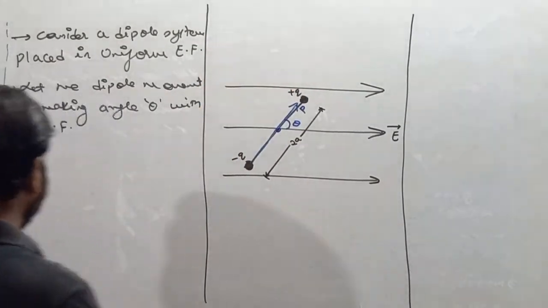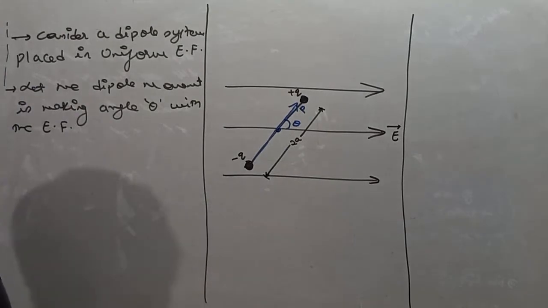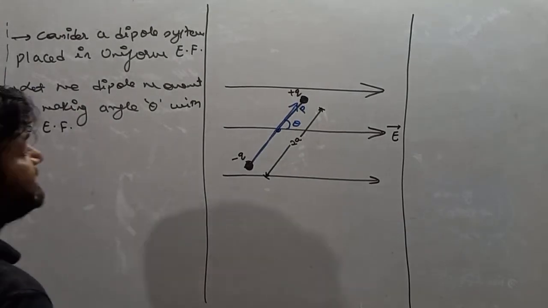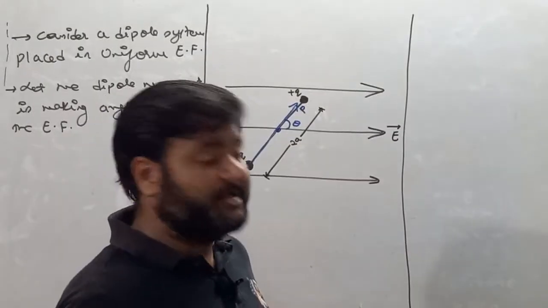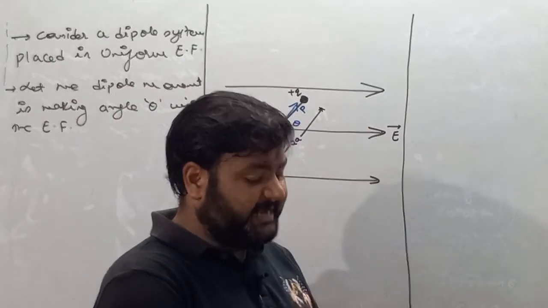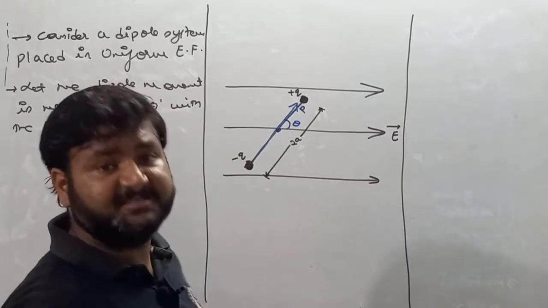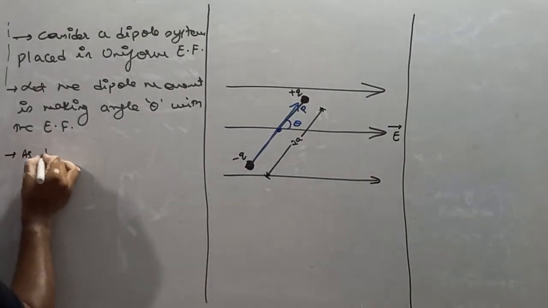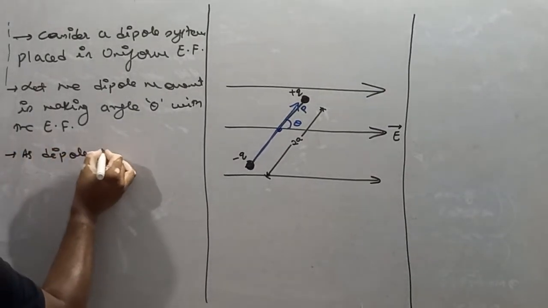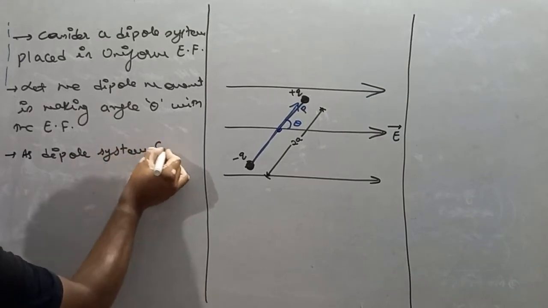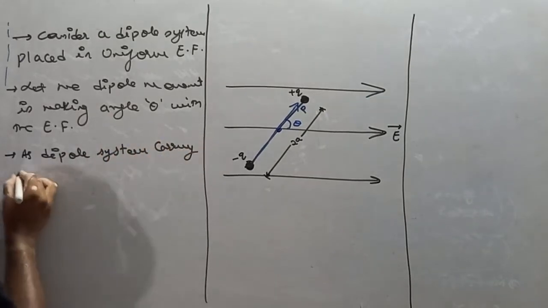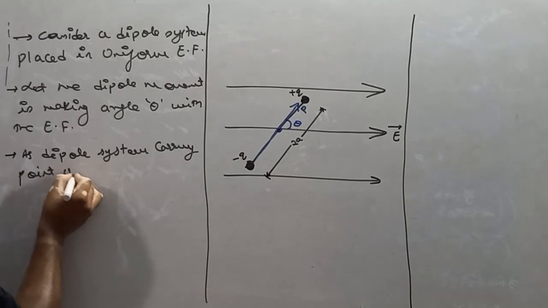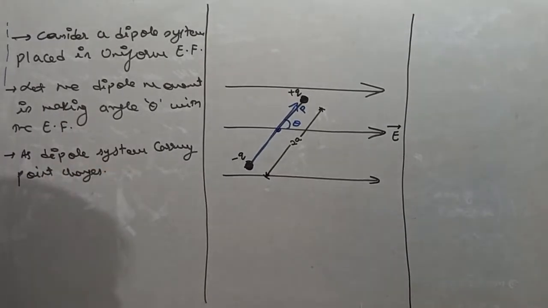We know one more concept, that if any point charge is placed in an electric field, or we can say uniform electric field, then that point charge experiences force. So I'll write here: dipole system carries point charges.